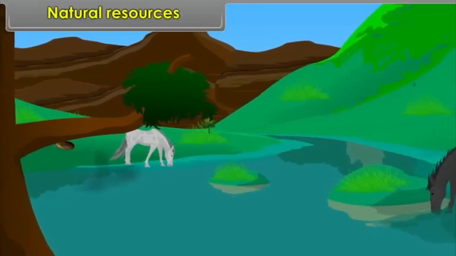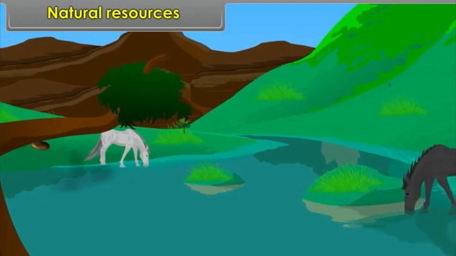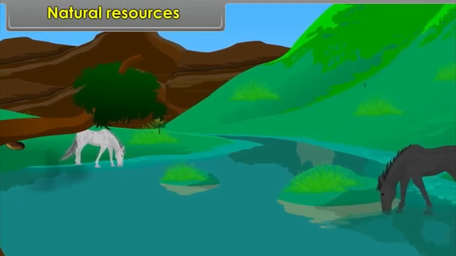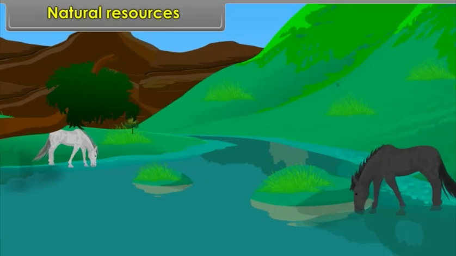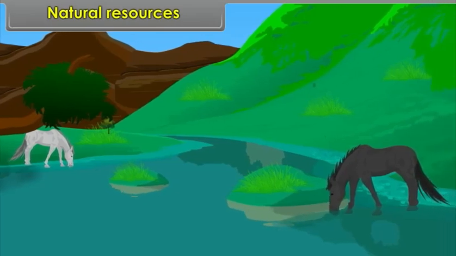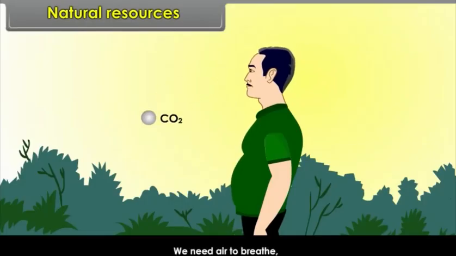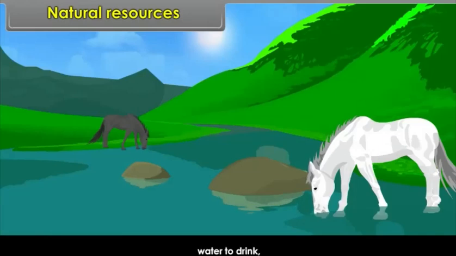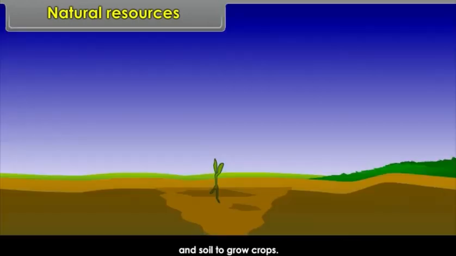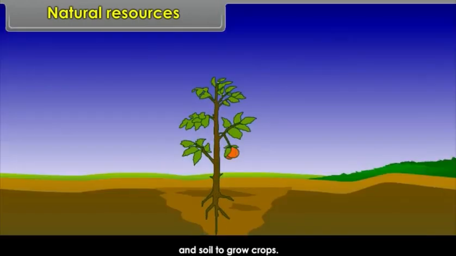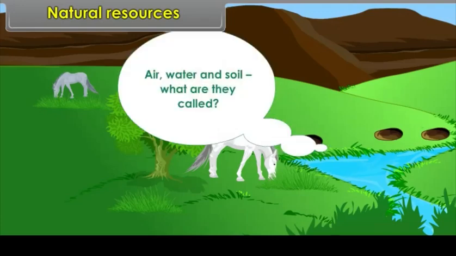Let us start the chapter by explaining the term natural resource very briefly with a suitable example. We need air to breathe, water to drink, and soil to grow crops. Air, water, and soil. What are they called?